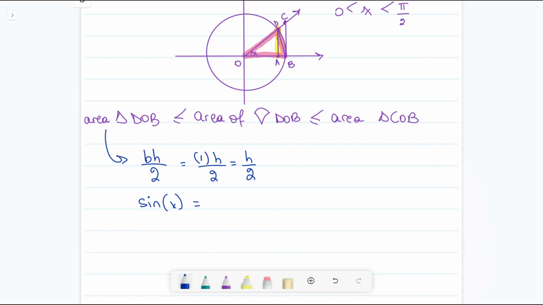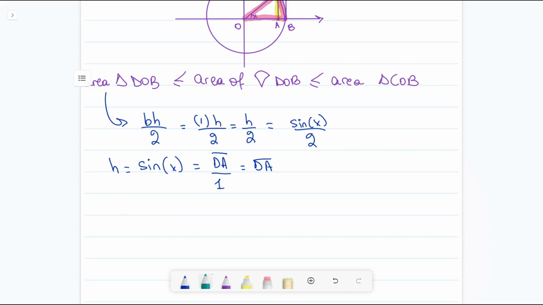In this case, the opposite in the triangle ODA is dA over 1, because the hypotenuse is OD and OD is the radius. And when I write this bar above, I'm talking about length. So sine x is equal to dA. Now this is our height, so our height equals sine x. So now the area of the triangle DOB is equal to sine x divided by 2.